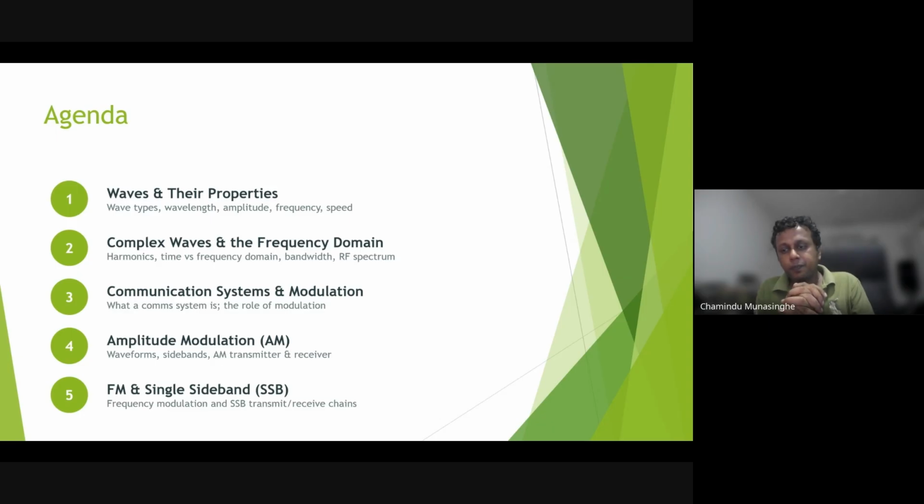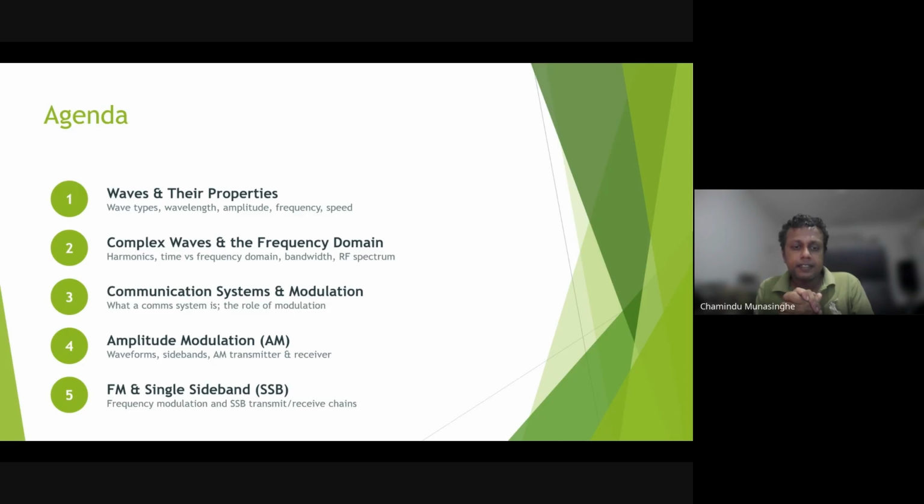That is part of being a ham operator, that we do our own DIY stuff. Even though there are commercial antennas available, a lot of us design our own antennas and lay our own transmission lines and things like that. And then we'll discuss how these waveforms can be represented in different domains, what we call the frequency domain or spectrum analysis.